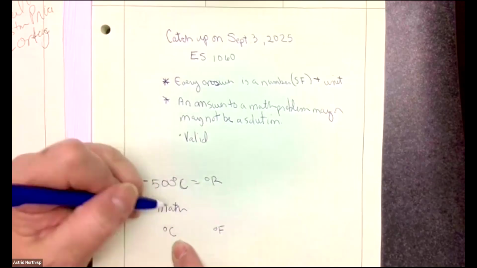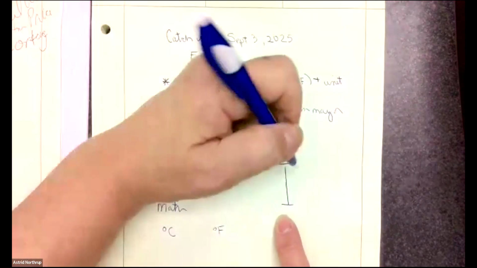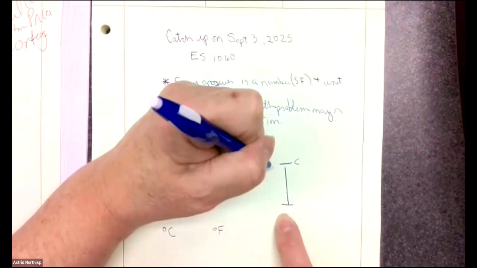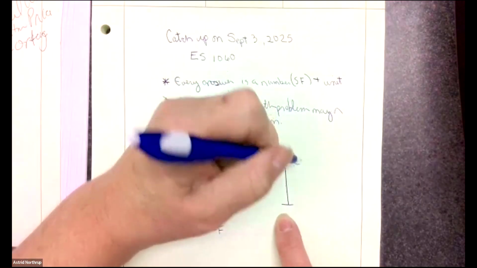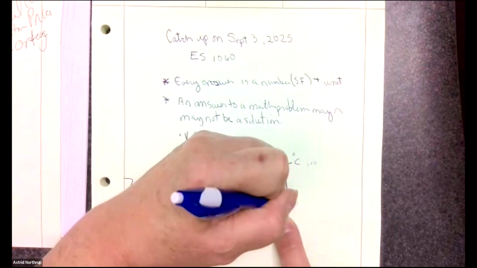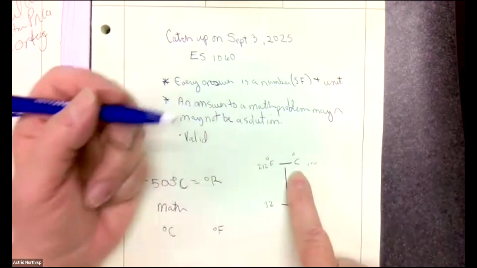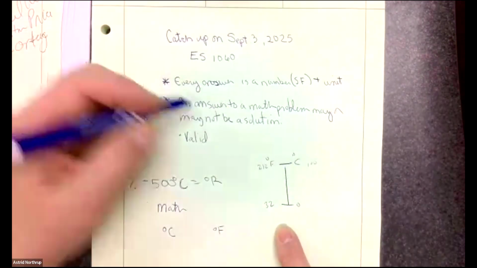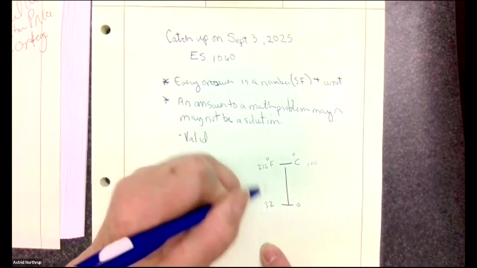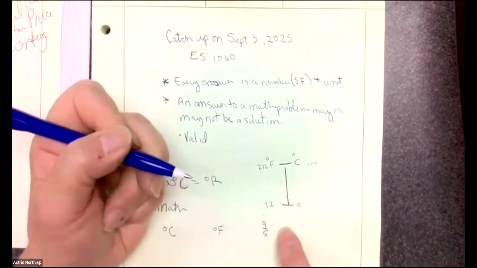I know you don't have to do this every single time, but if we look at the centigrade scale and the Fahrenheit scale, we know that 100 degrees here is 212 degrees here, and 0 degrees here is 32 degrees here. So to do this conversion, we see that the span is 1.8 or 9/5 of a degree.